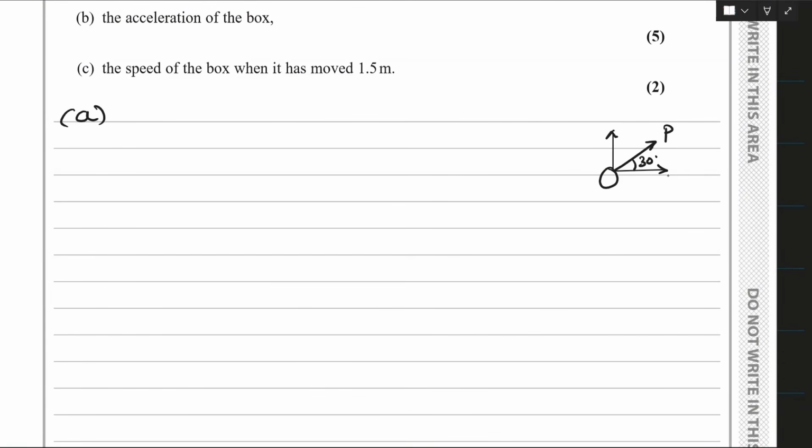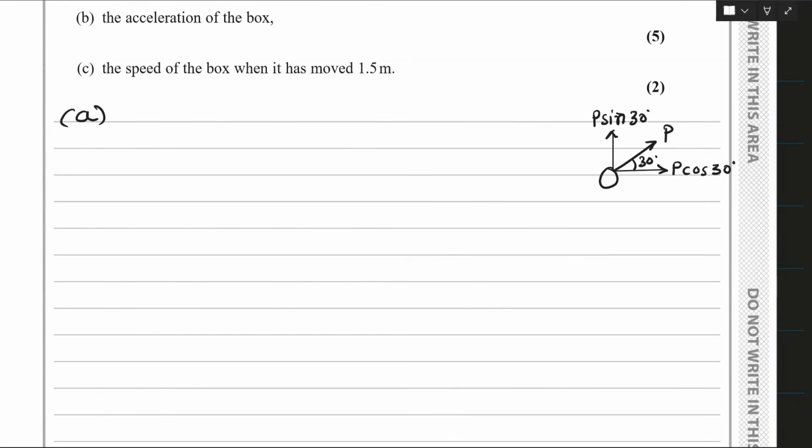To find the magnitude of the horizontal component, we can multiply the magnitude of our original force with cos of 30. And to find the magnitude of the vertical component, we can multiply it with sine of 30. This is how we get the components from the original force.